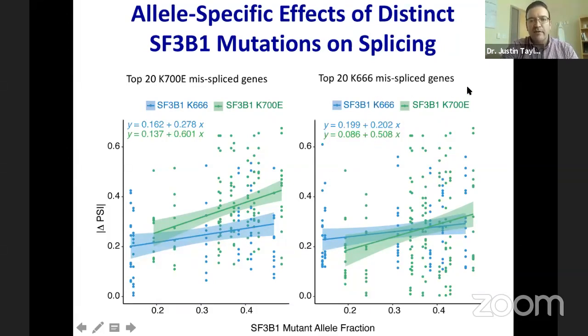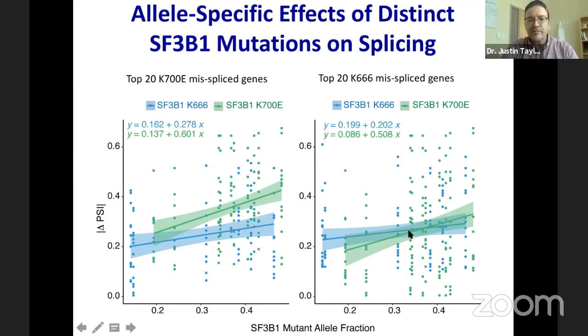Now on the right, when you do the converse, when you take the top 20 K666 misspliced genes, and then you look at the percent spliced in by allele fraction for the SF3B1 K700E or K666, you see that the K700E actually missplices these with a similar strength as the K666.